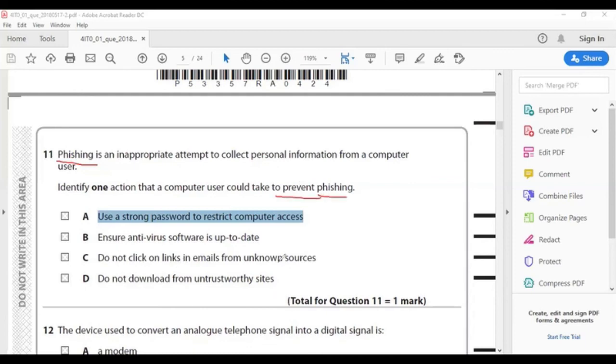Yeah. With phishing, what really happens is that an email comes to you, and within that email they ask you to open a certain page or visit a website.